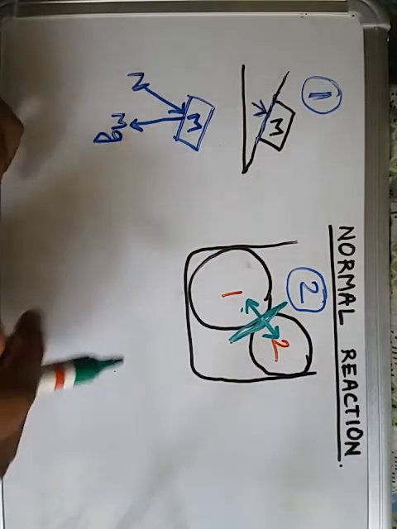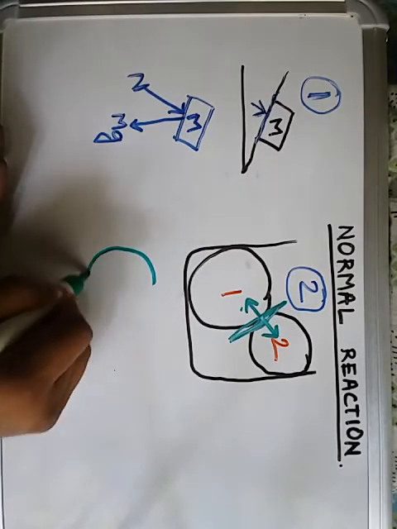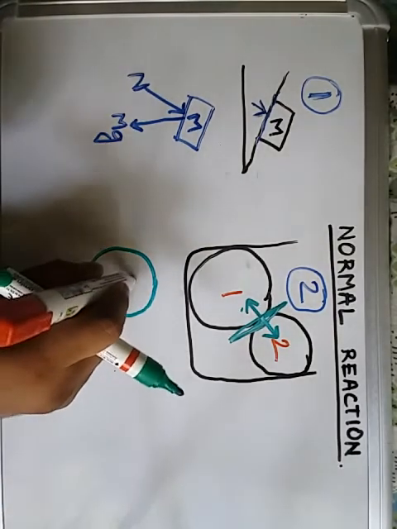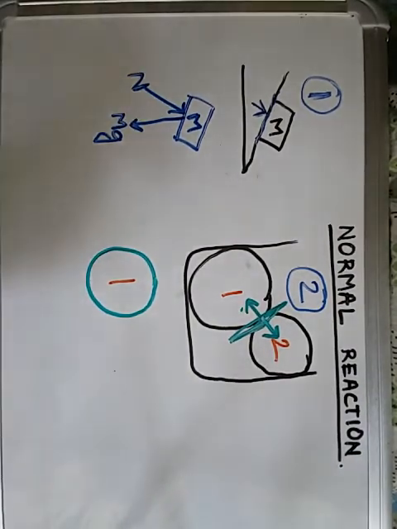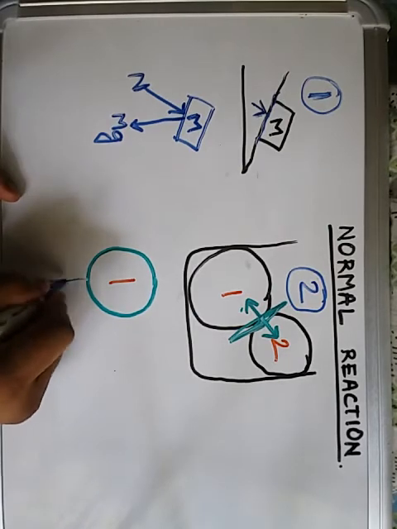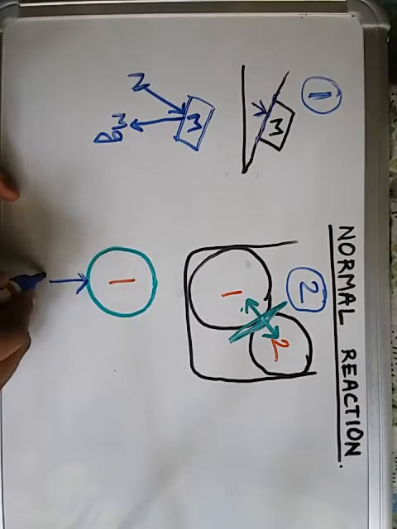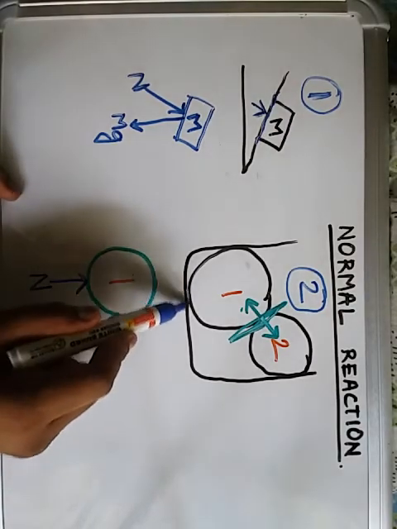Now let us look at ball number 1. There is a normal force acting in this direction that is given by the glass.